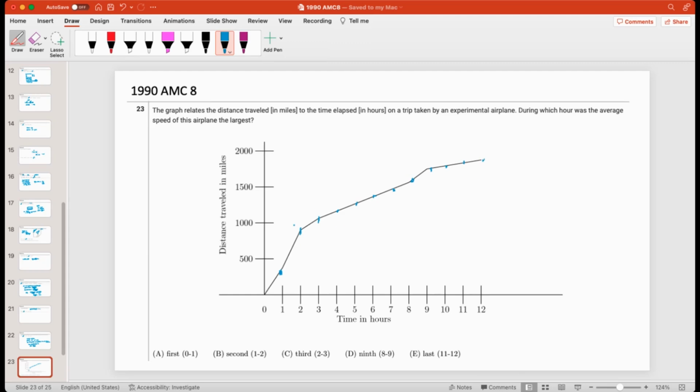The steepest part of the curve is between 1 and 2. So between 1 and 2, the average speed of the airplane was the fastest because the curve is the steepest here. Okay, going to the next.